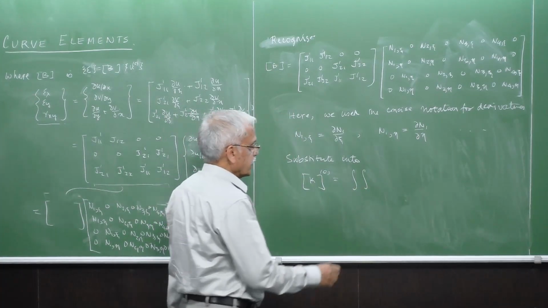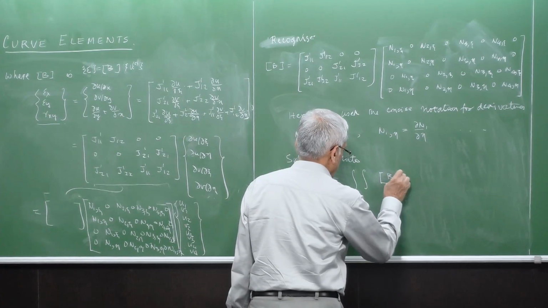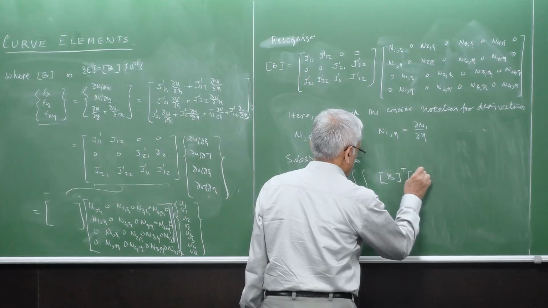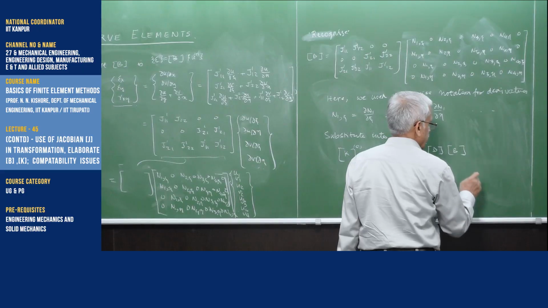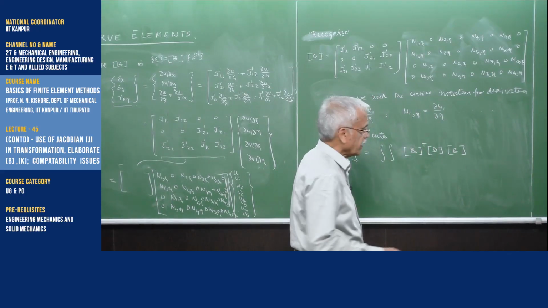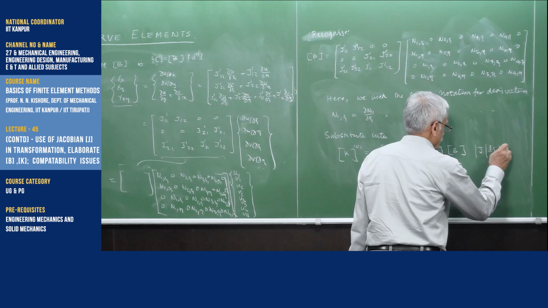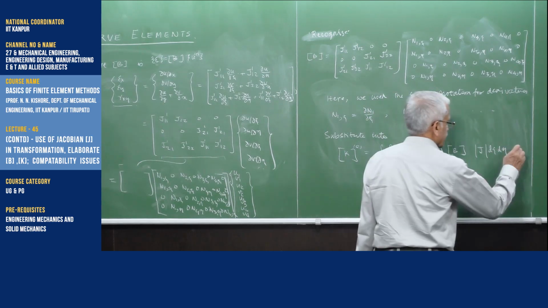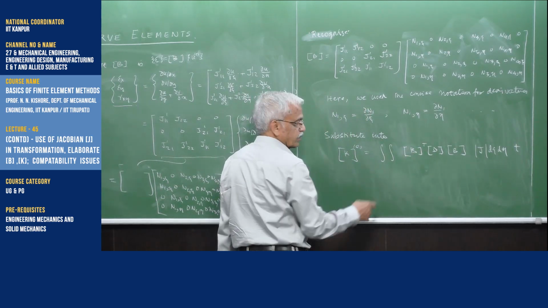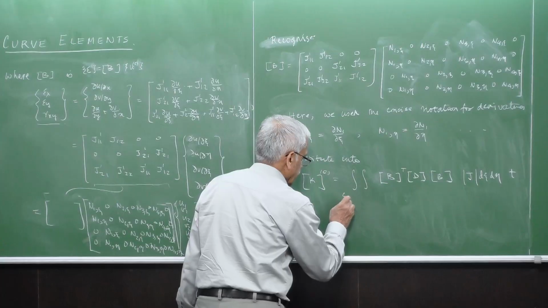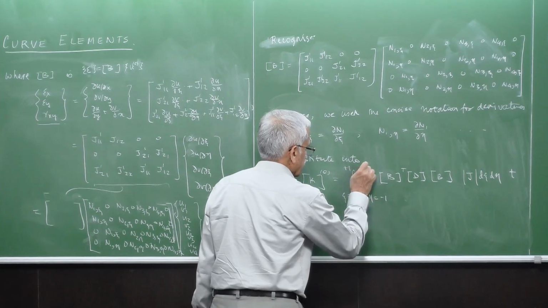So the integral here is on B transpose D B. D is the stress-strain relationship, and here dx dy is there, and dx dy is, as I said, the Jacobian multiplied by d xi d eta, and then t. What is t? T is the thickness. And here now the variables are xi and eta. So xi goes from -1 to +1, and eta goes from -1 to +1.